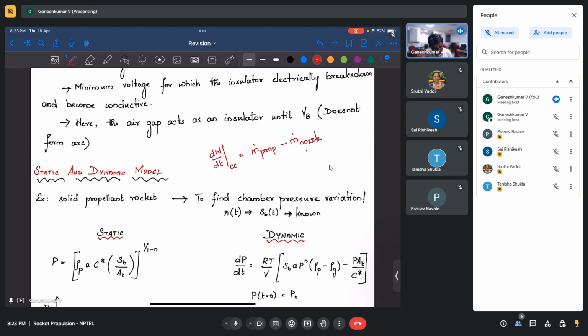This is a function of c star and so on, and m dot of propellant is nothing but rho propellant, rb, and all those things.